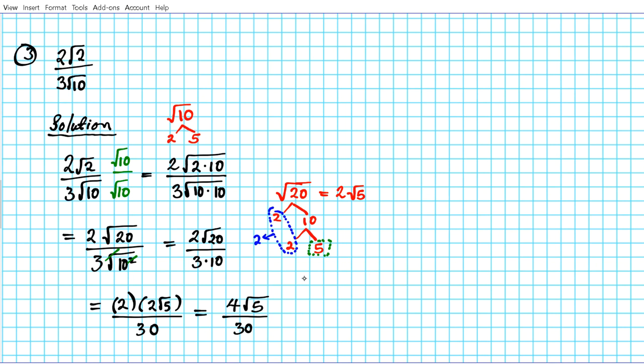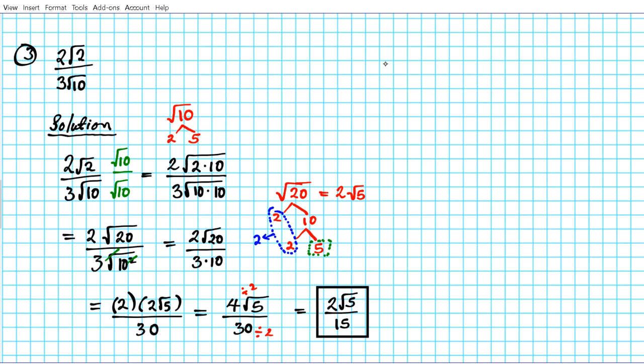Absolutely, they're both even numbers, so we can divide those by 2. That yields 4 divided by 2 is 2, and 30 divided by 2 is 15. Ladies and gentlemen, the answer to question number 3 is 2 root 5 over 15.